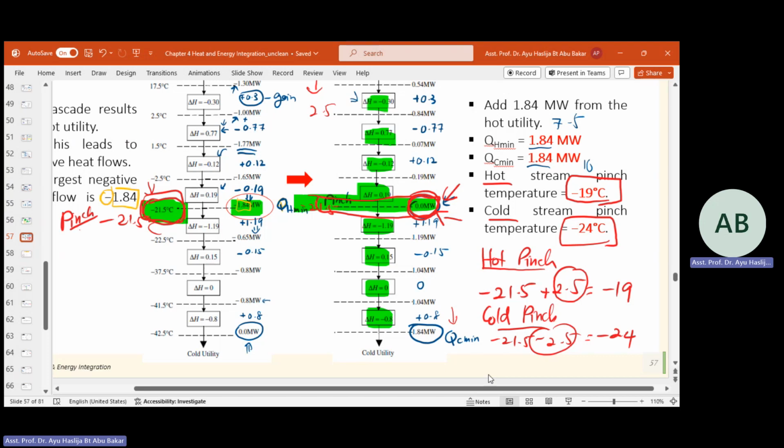Now for today's part, we want to focus on the above pinch and below pinch.